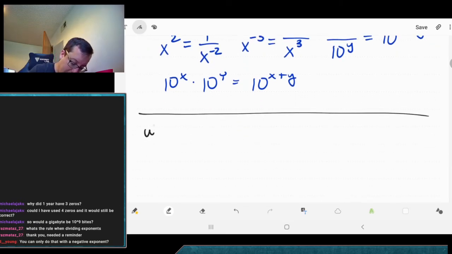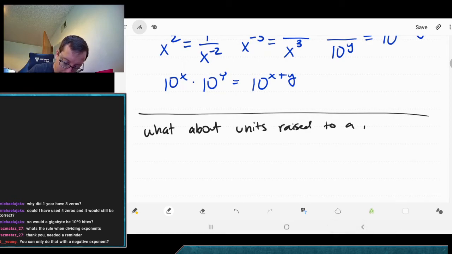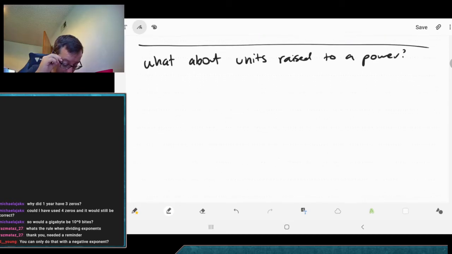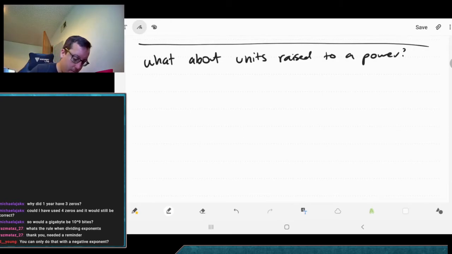So let's say, what about units raised to powers? For example, I could say this room that I'm in is, let's see, I don't know, 80.0 square feet.